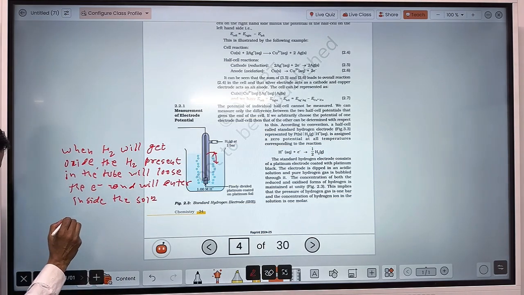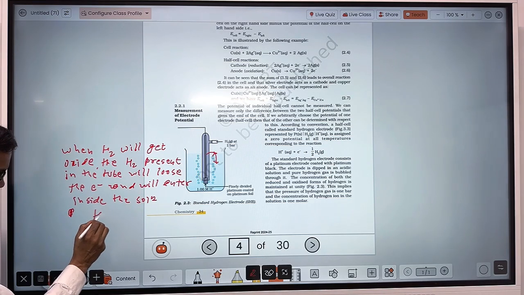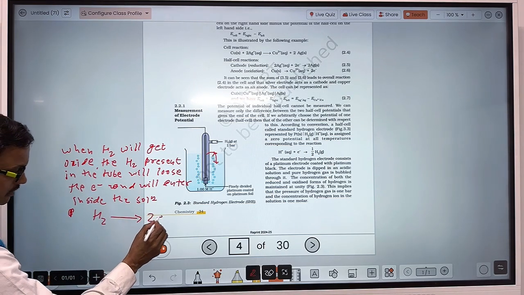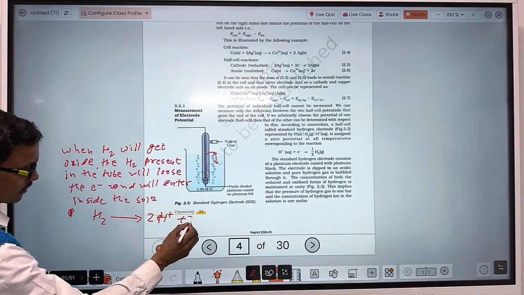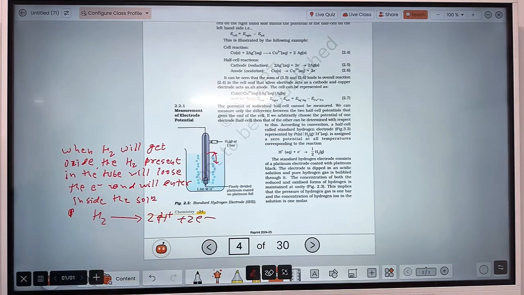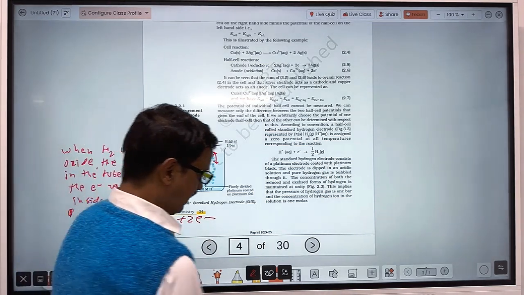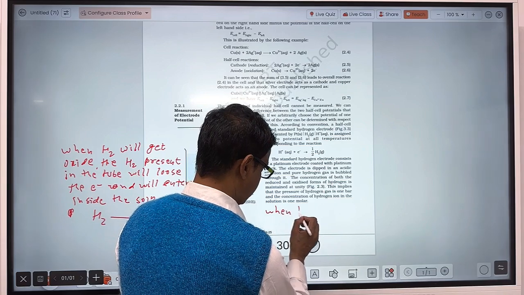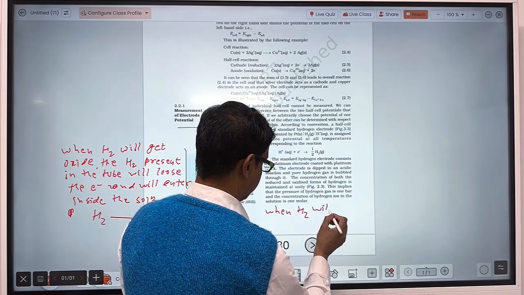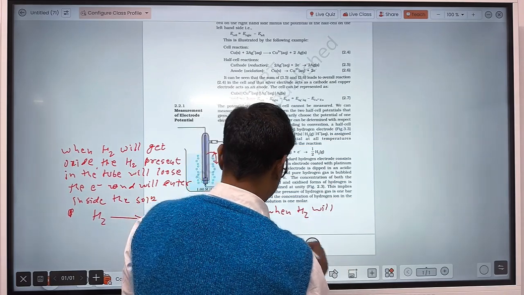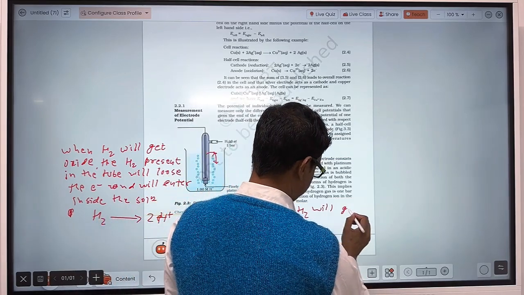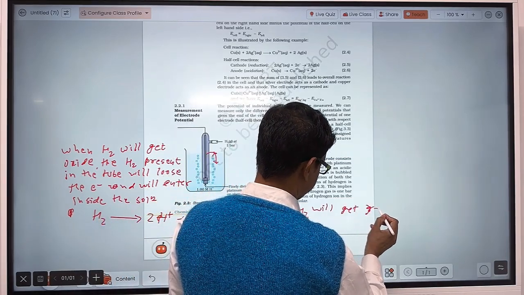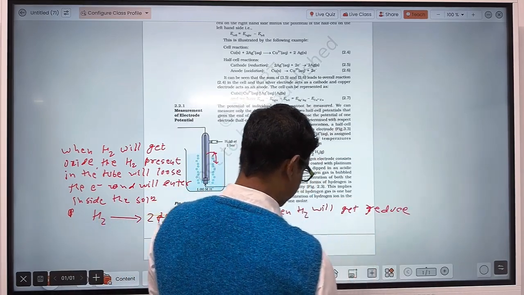So what will the reaction be? H2 will lose the electron, forming 2 moles of H+ ion and 2 electrons. And second, when hydrogen gets reduced, then what happens?